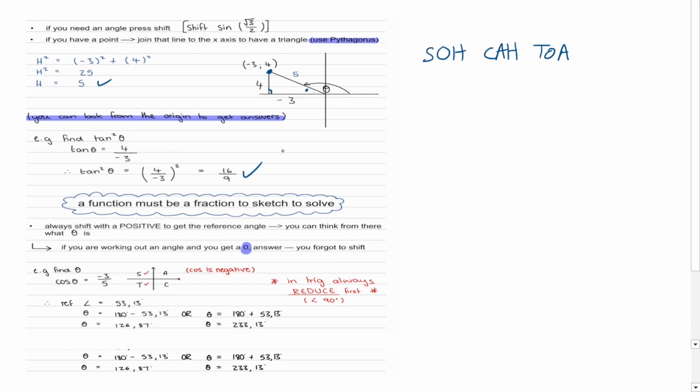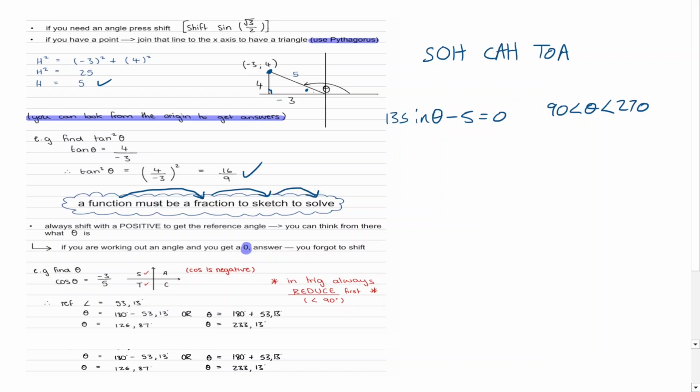When you're dealing with this section, you might get a question like this, and they say theta is between 90 and 270. You always want a function, sine, cos, tan, to be a fraction so that you can draw a sketch so that you can solve.